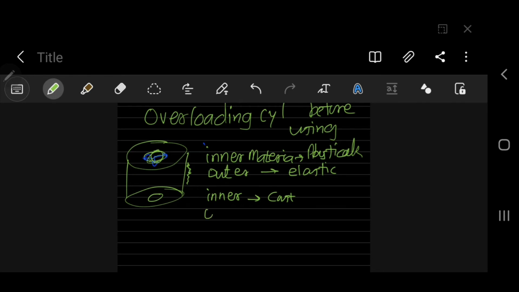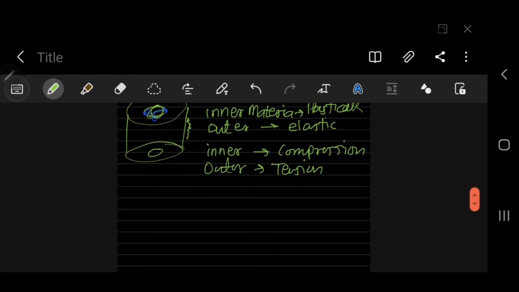Due to that, the outer surface will be under tension, and it will exert force on the inner side, so the inner part will undergo compression. The application of this method is interesting. It is used for a gun barrel.